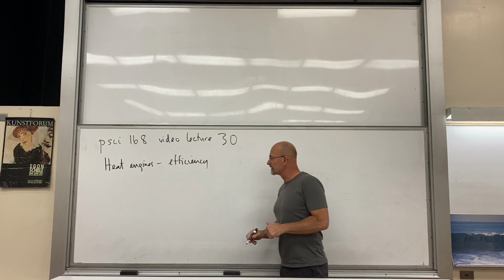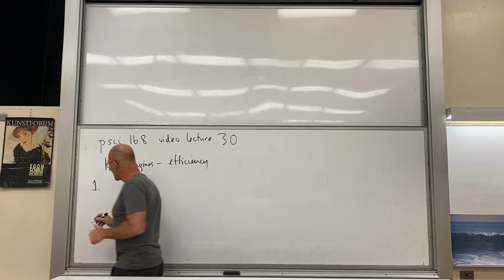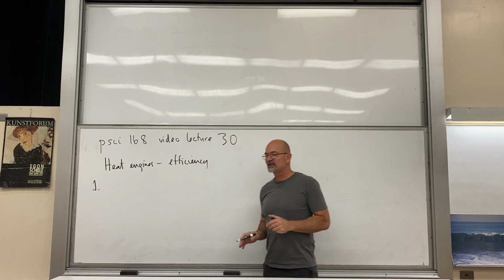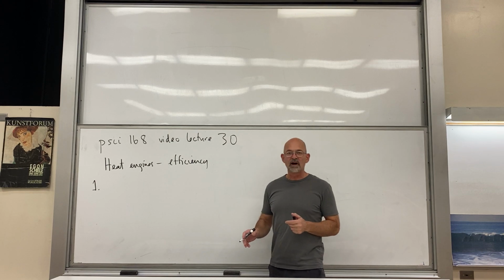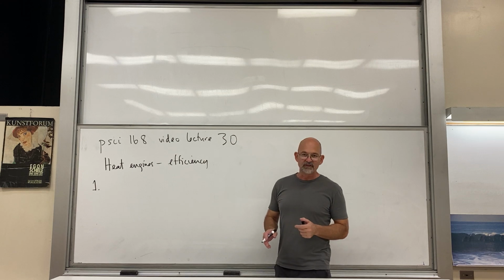So I'll remind us of what types of heat engines we have. And once we have this discussion mastered, we'll bring other natural processes into play that can also be considered to be heat engines.